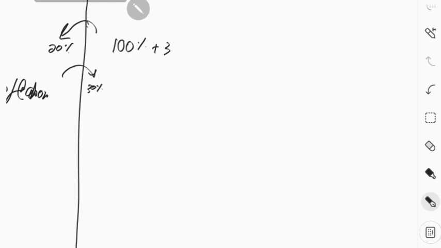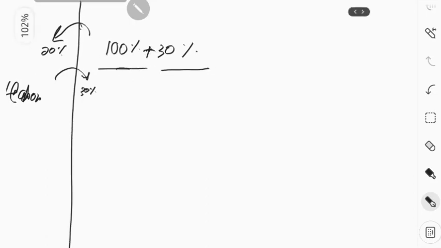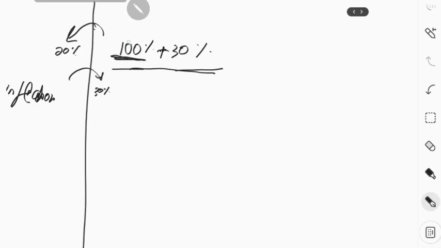So we're going to add 30%, because there's an increase in the overall percentage. The overall 100% was what accounts for $40. But there's an increase. I hope you're understanding this.